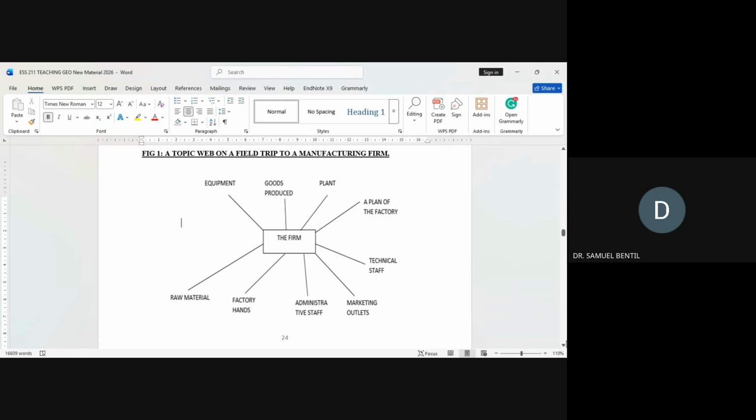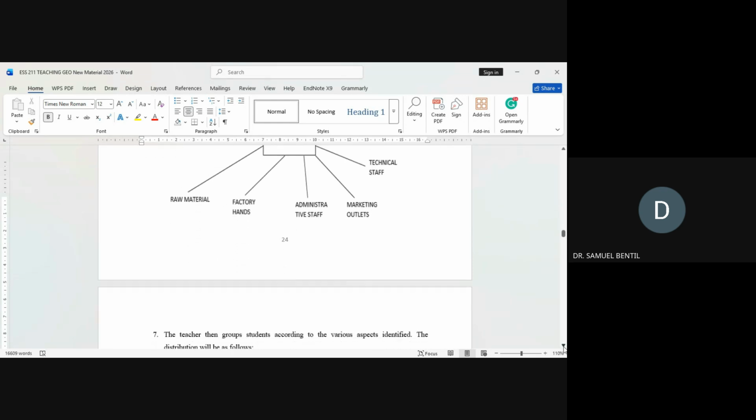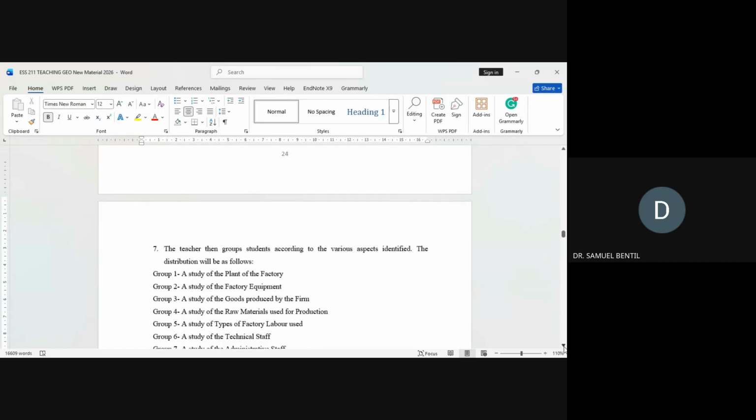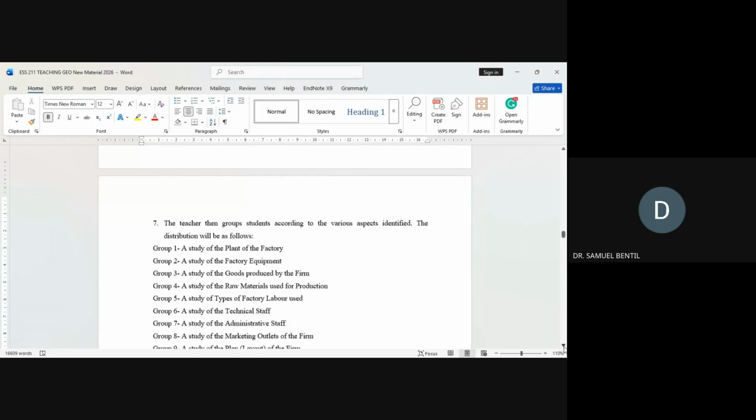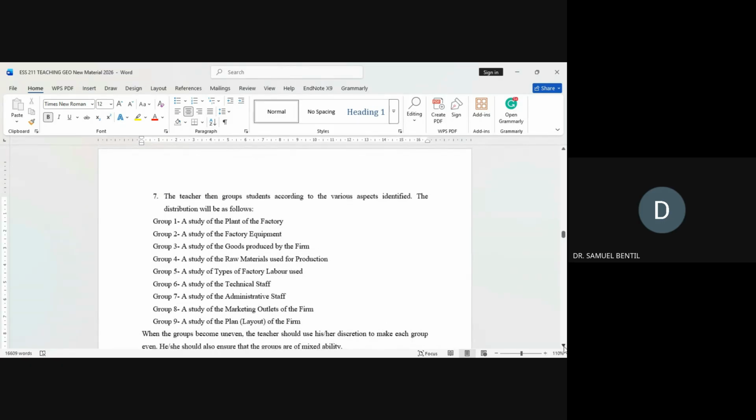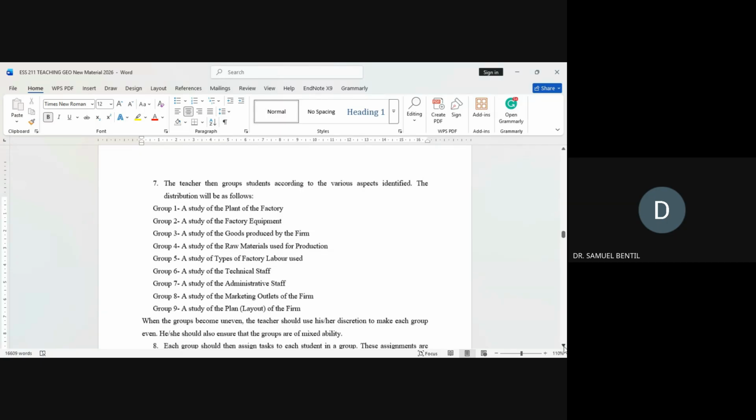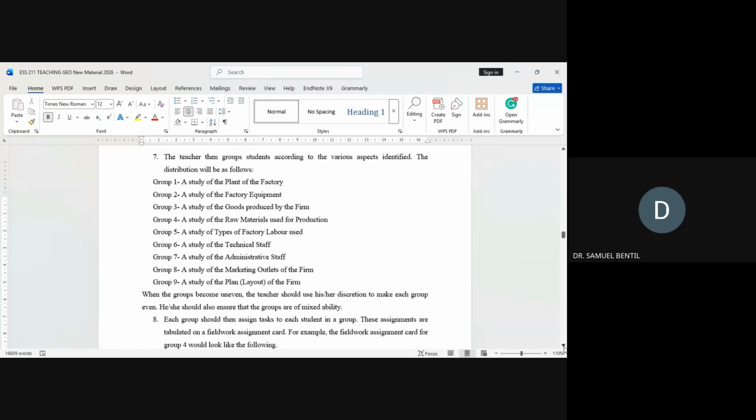Now, when you go a step further, you see the teacher then groups students according to the various aspects identified in the topic web. So group 1 will study the plant of the factory. Group 2 will study the factory equipment. Group 3 will study goods produced by the factory.